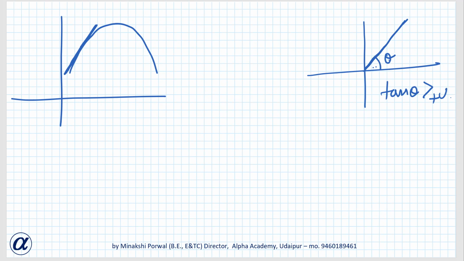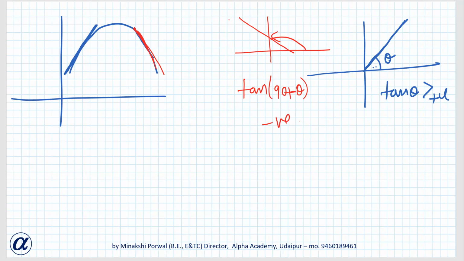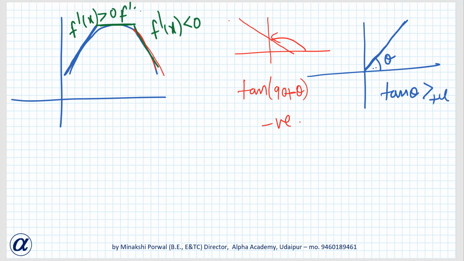Okay, the slope of this part I am seeing will be negative, because theta with the positive x-axis, this angle is more than 90, so tan of 90 plus theta will be negative. So the slope here, f dash x, is greater than 0, and the slope here, f dash x, is less than 0, and this is the critical point where f dash c equals 0, and at this point the slope will be 0.